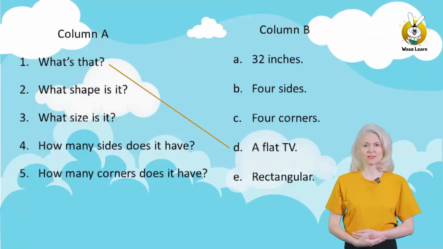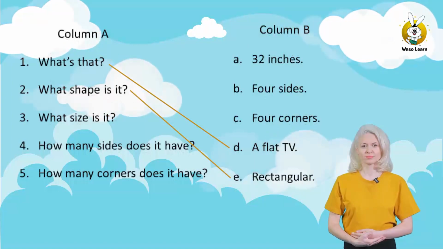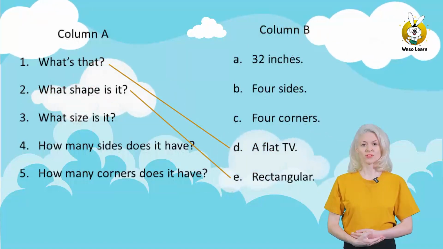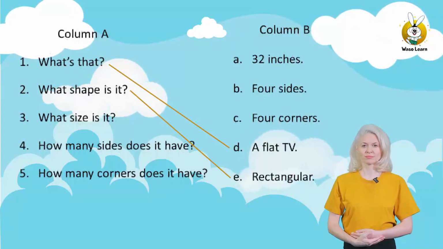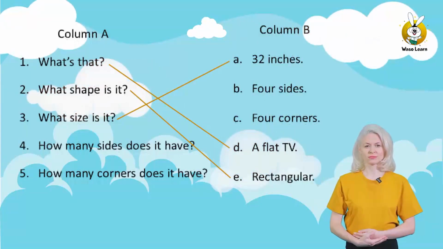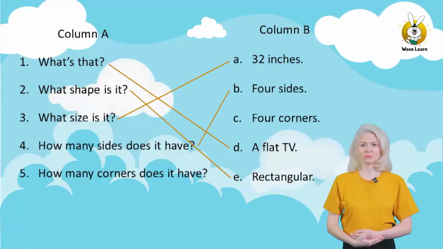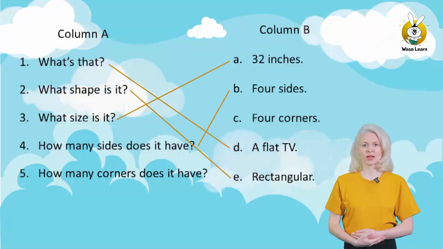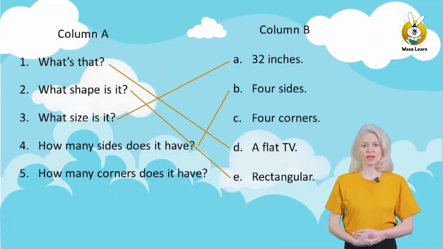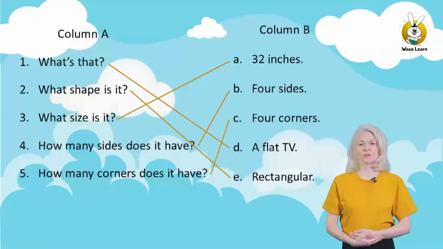What shape is it? E. Rectangular. 3. What size is it? A. 32 inches. 4. How many sides does it have? B. 4 sides. 5. How many corners does it have? C. 4 corners.